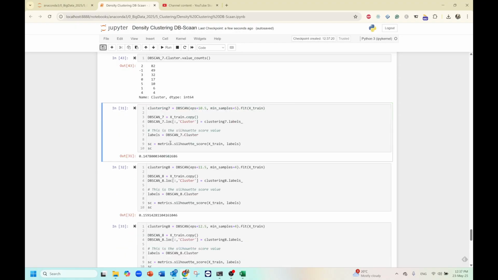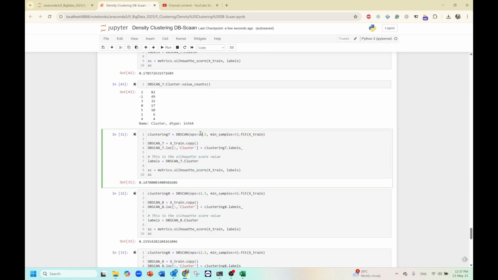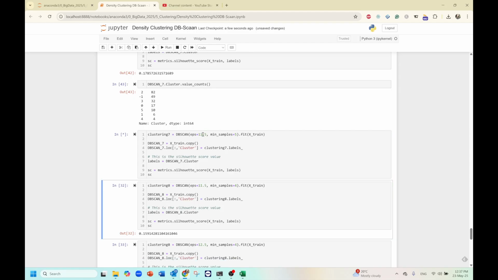And now clustering 7 is basically 10.5. We've done that. So let's try 11.5, for example.